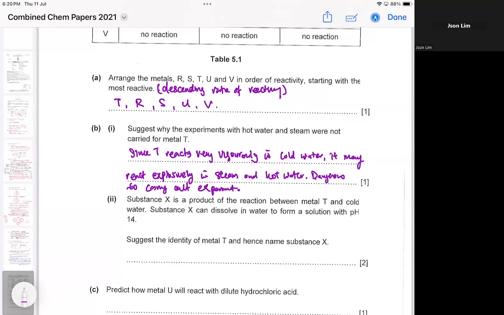Okay, B part 2. The question says X is a product between metal T and cold water, and X can dissolve in water to form pH 14. So pH 14, we know that this is a strong alkali. And because it's a strong alkali, it is likely to be a group 1 element.